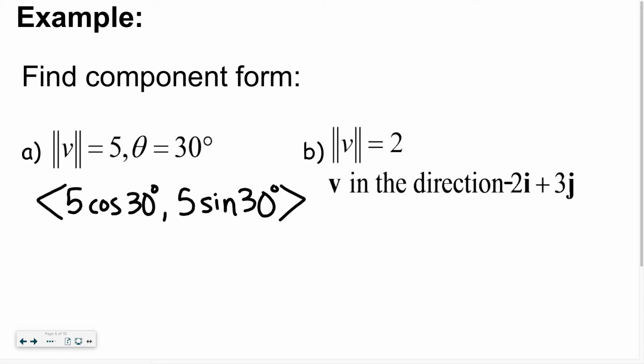Yes? Okay, so I'll challenge you, use your chapter 4 knowledge. What is the exact value rather than the calculator value, the decimal value? What's the exact value? Now you think about 30 degrees and its coordinates.